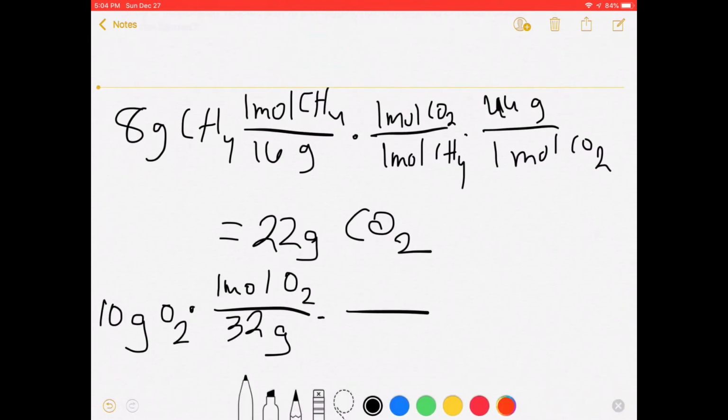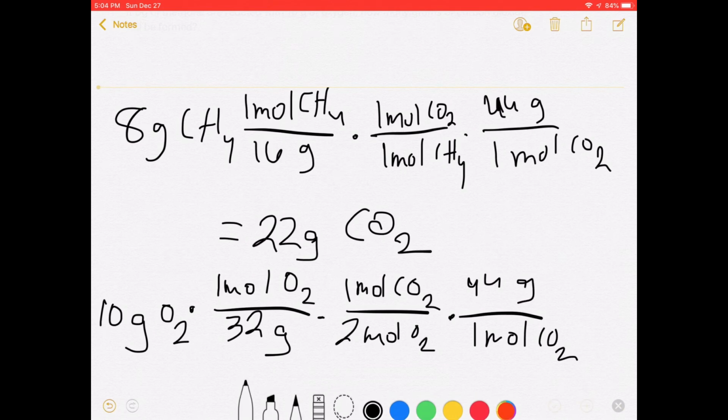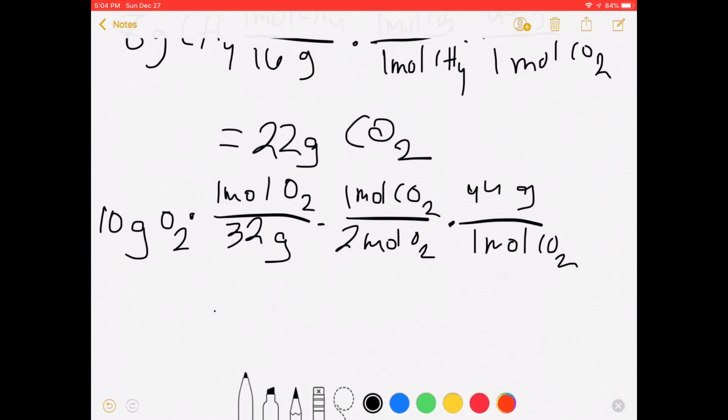So I'm going to write that down right here: 2 moles of O2 yields 1 mole carbon dioxide. And then finally, we can go from moles of carbon dioxide into grams of carbon dioxide. So every mole of carbon dioxide yields 44 grams. Now all we need to do is perform the calculation.